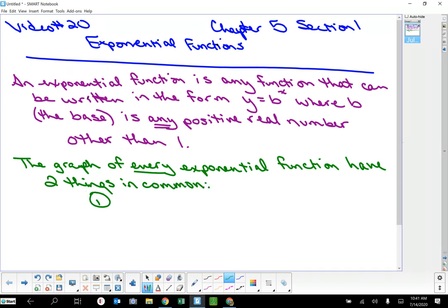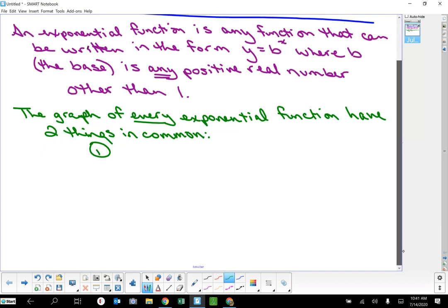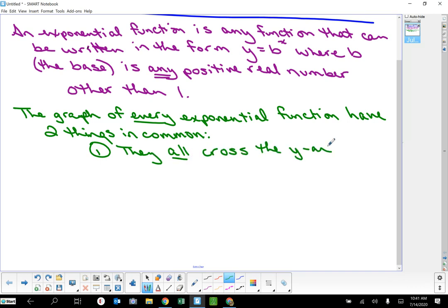One, they all cross the y-axis at the point 0, 1. And two, none can cross the x-axis.